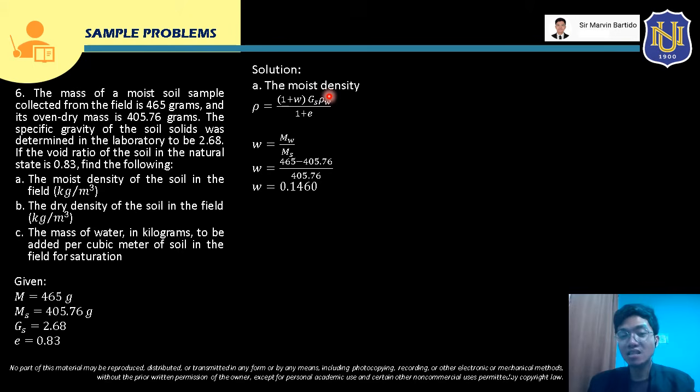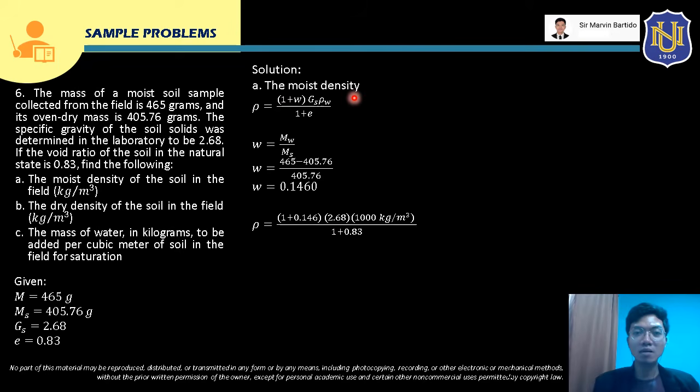So dry density times 1 plus w equals siya dun sa moist density. Tama? So ito, class, ay formula na natin. Meron na tayong water content na solve na natin. Meron tayong given na G sub S din. Tapos yung rho ng water naman, constant na yan. Yan ay 1,000 kilogram per meter cube. Tama? So i-substitute na natin, class, yung mga pwede natin i-substitute.